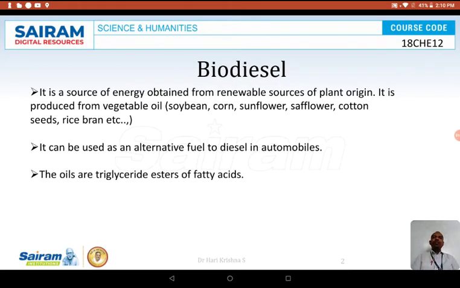Biodiesel is obtained from a renewable source of plant origin. It's usually obtained from vegetable oil such as soybean oil, sunflower seeds, cotton seeds, rice bran, jatropha seeds, castor seeds, etc. These oils contain triglycerides.